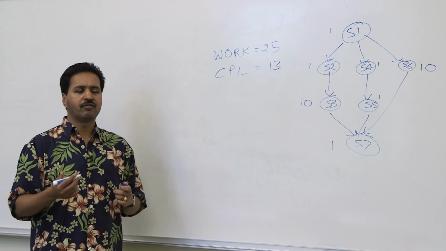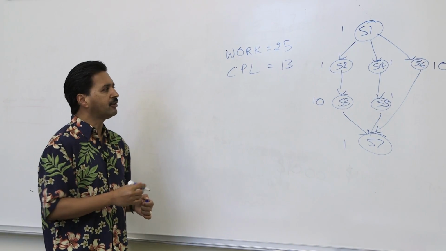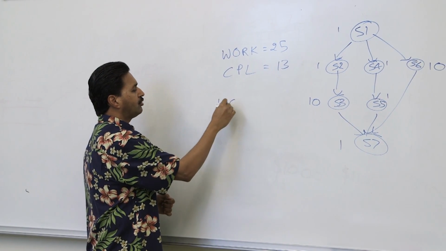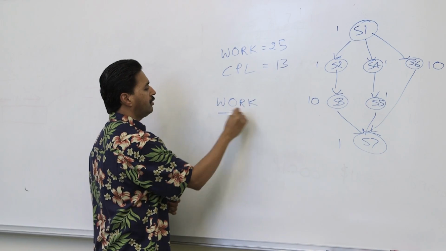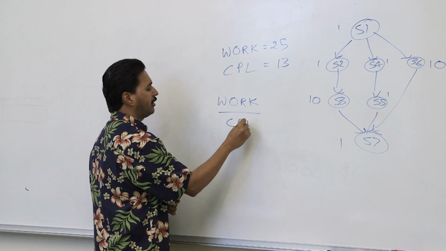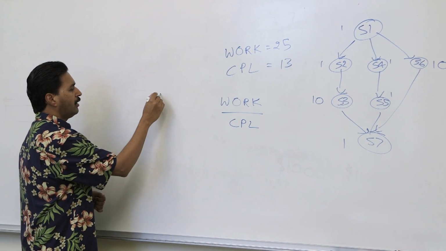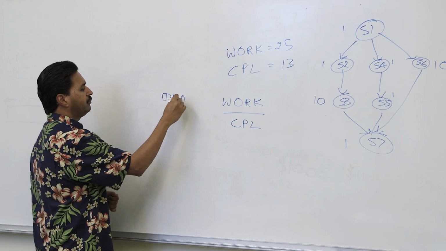So what we refer to as the ideal parallelism is the ratio of these two numbers, work divided by critical path length, and that's the ideal parallelism.